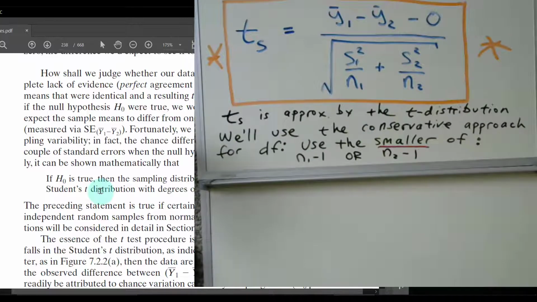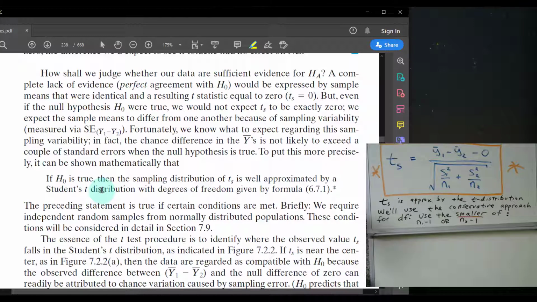Again, I'm going to look to the textbook to help explain some of the properties of this test statistic. It's just a number, right? Remember a z-score, and think about the empirical rule a little bit, if that's helpful.